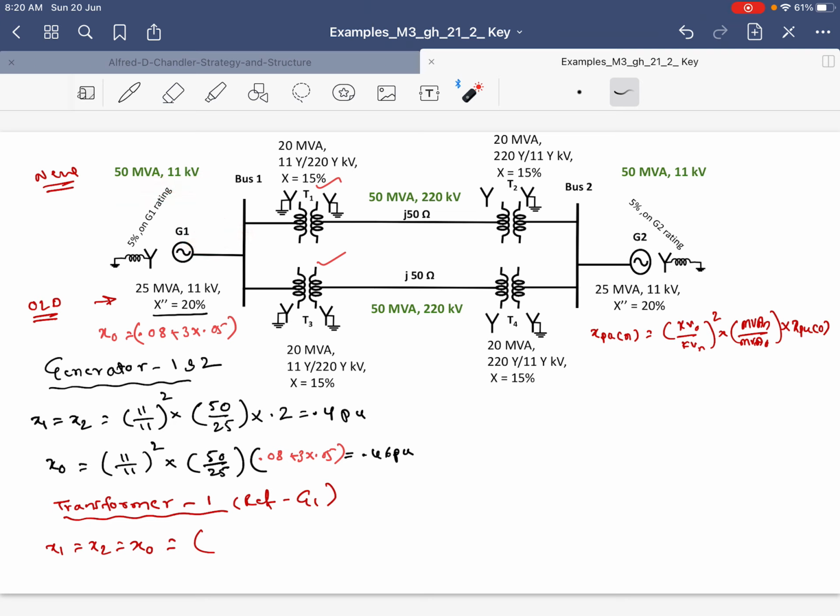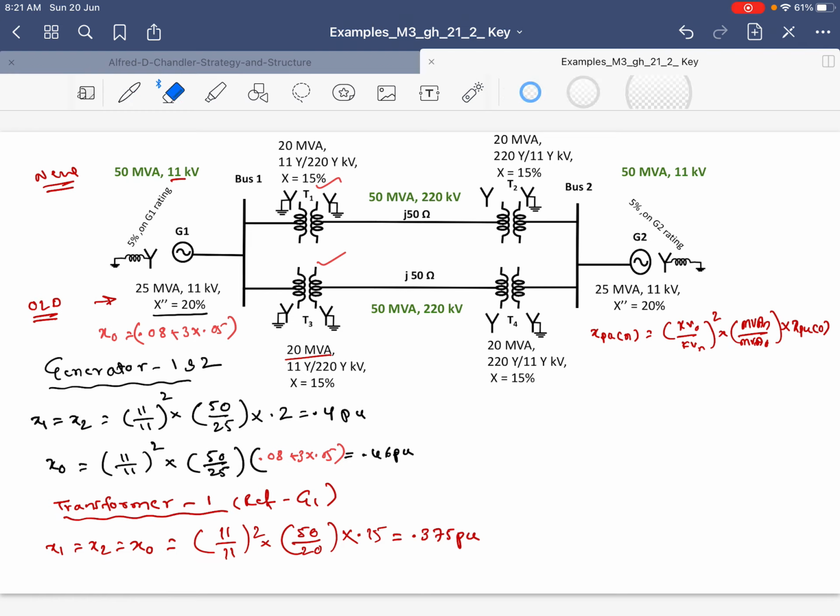Therefore kV old towards generator is 11 kV, both having 11, therefore 11 divided by the new, which is also 11, therefore 11 whole square. MVA new is 50, MVA old is 20, into 0.15. Therefore the value of the x1, x2 and x naught of the transformer that we are getting is 0.375 per unit.